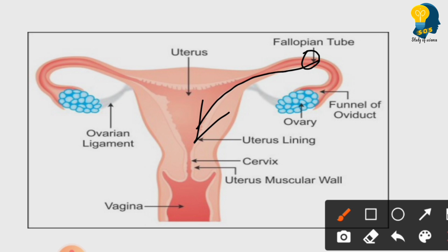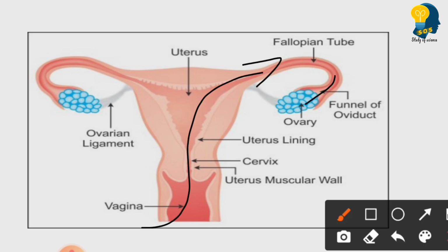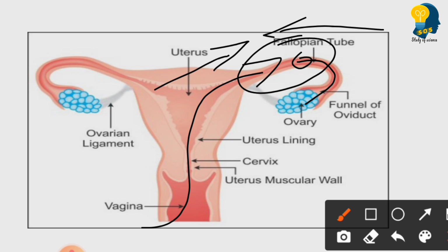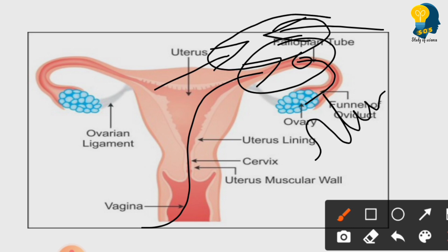So now let's understand what will be the result of fertilization. You all know that as a result of fertilization, what happened? Here we have understood the sperm meets the egg present in the ovary. As a result of this, what happened? The fertilization. The nucleus of the sperm and the nucleus of the egg will combine to form a single nucleus.